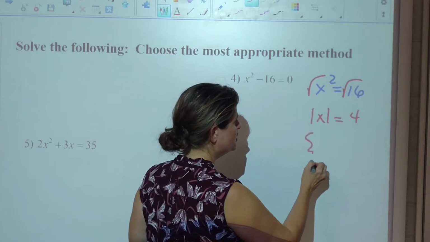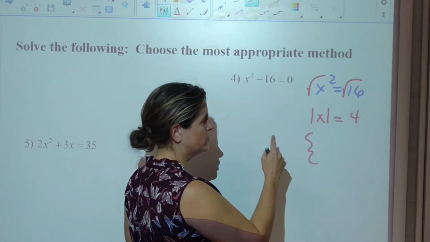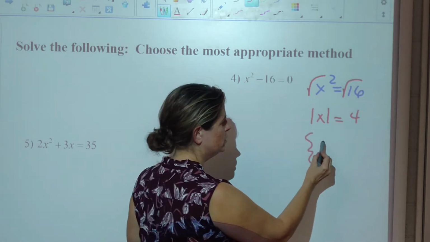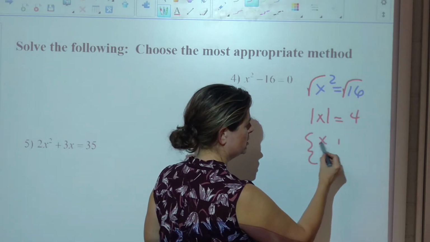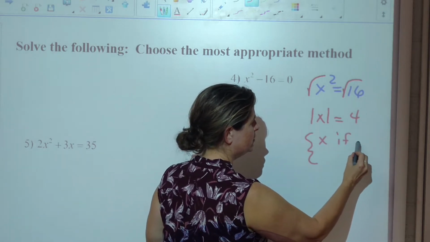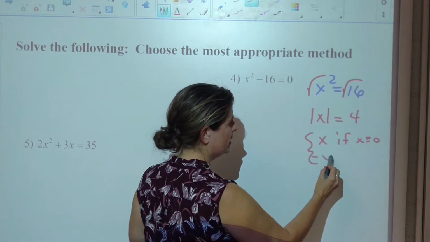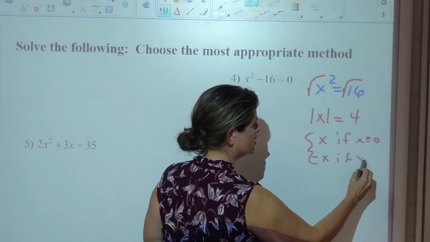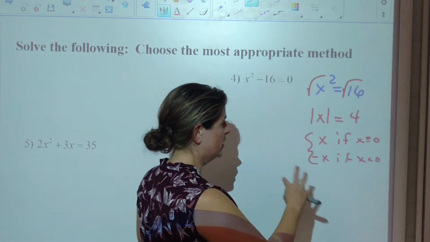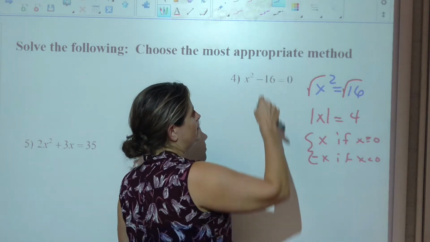And you've got to write that piecewise equation if you're going to use an absolute value. So we would get a positive x if x is greater than or equal to 0. We would get a negative x if x is less than 0. Those two pieces would be our equation.